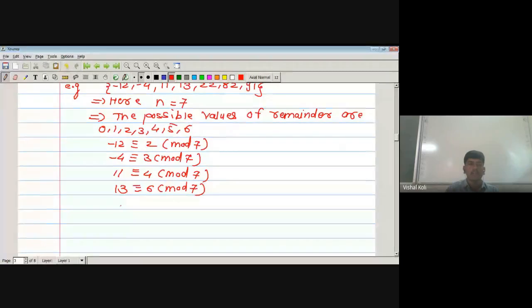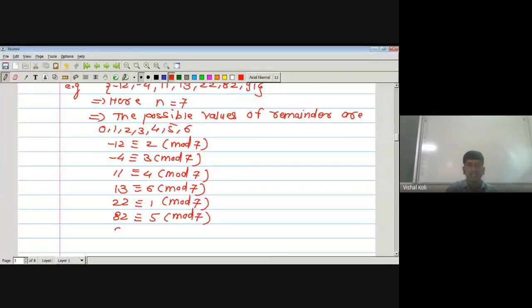Similarly, 22 is congruent to 0, not possible, 1. 22 is congruent to 1 modulo 7, since 7 divides 22 minus 1, which is 21. 82 is congruent to? 82 divided by 7, what is the remainder? 77, so 5 is the remainder, which implies 82 is congruent to 5 modulo 7.